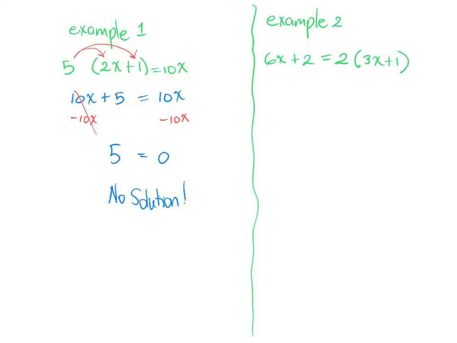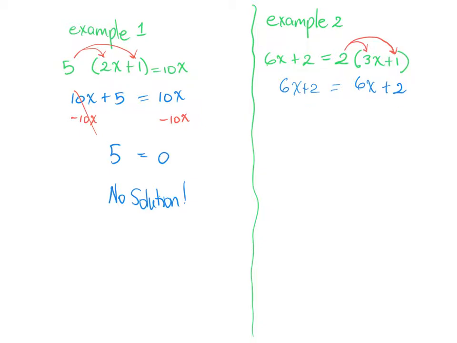All right, so we do have parentheses on the right side, so let's use the distributive property so we can simplify. And so we have here 2 times 3x gives us 6x, plus 2 times 1 gives us 2, is equal to 6x plus 2. And now, as you can see, 6x plus 2 on the left, 6x plus 2 on the right, they are the same thing.